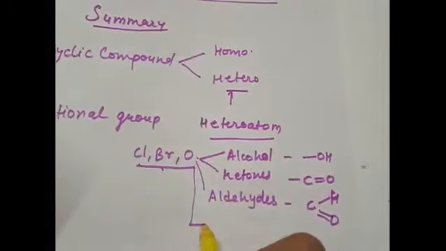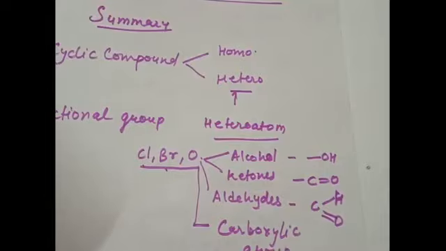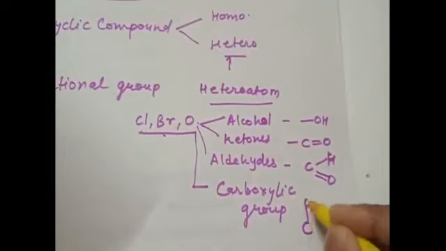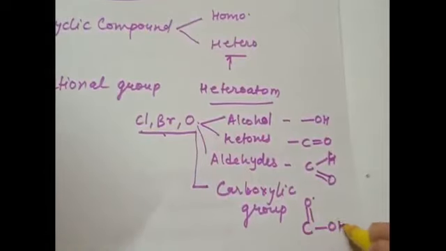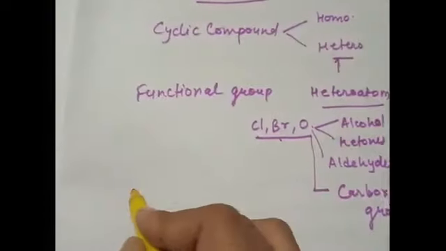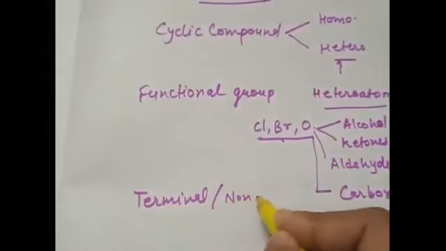Then we have also done carboxylic group or carboxylic acid, that is C double bond O, OH, COOH. So these were the functional groups, and we have also seen how they are getting attached with the carbon chain. We have seen many examples of this, and we have also done the terminal and non-terminal functional groups.